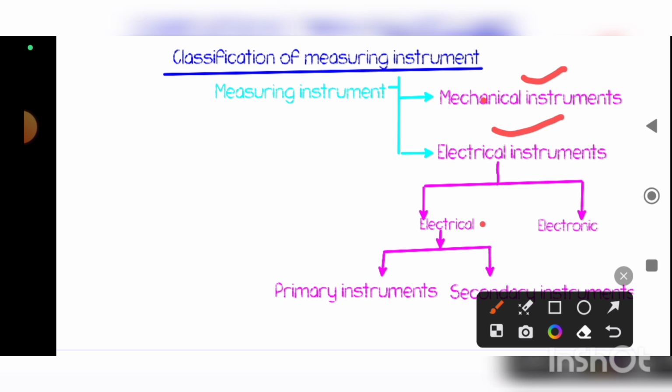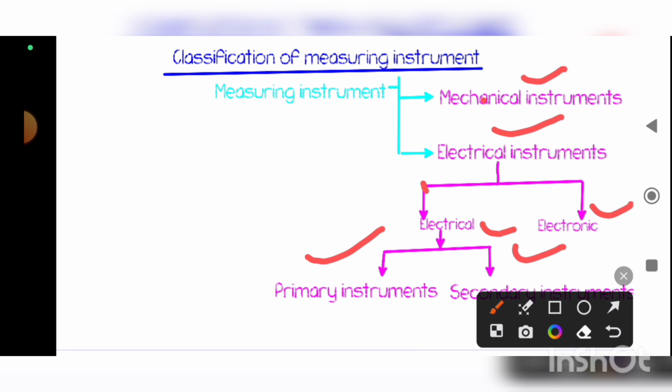Then the electrical instrument is further divided into two types: one is electrical and another one is electronic. Then the electrical instrument is further divided into two types: one is a primary instrument and another one is a secondary instrument. What do you mean by the primary instrument? The primary instrument is also known as an absolute instrument.